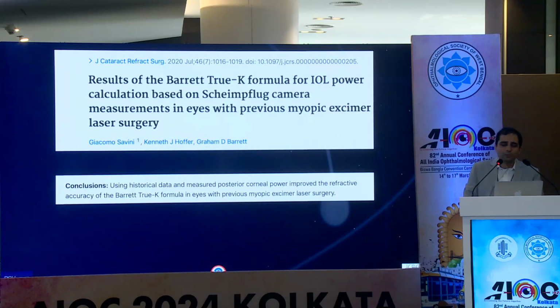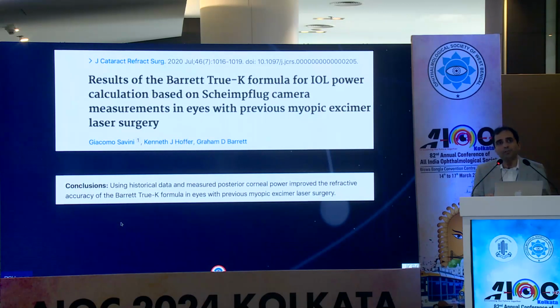One or two publications are now starting to come up, which show that when you use the total keratometry with the IOL 700, there are more chances that you get more patients within plus or minus 0.5 diopter compared to without using the total keratometry.